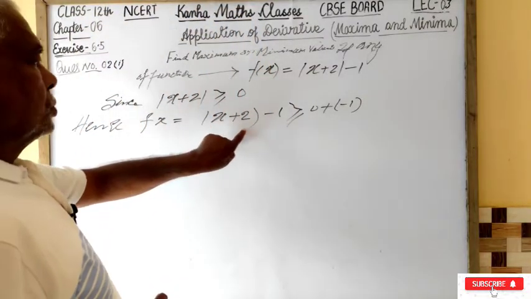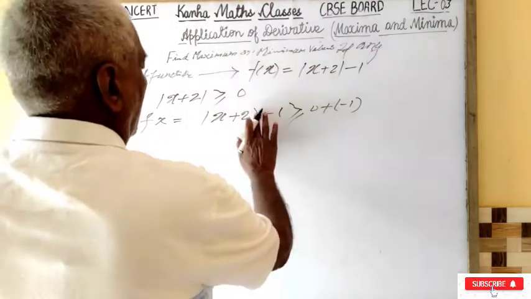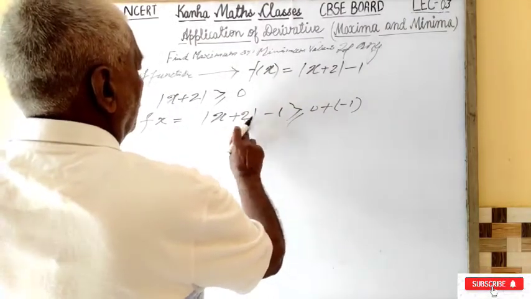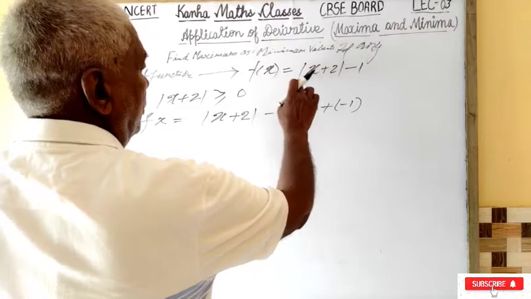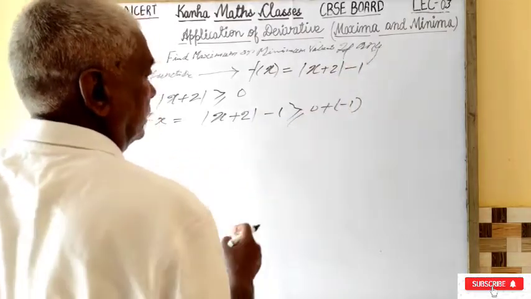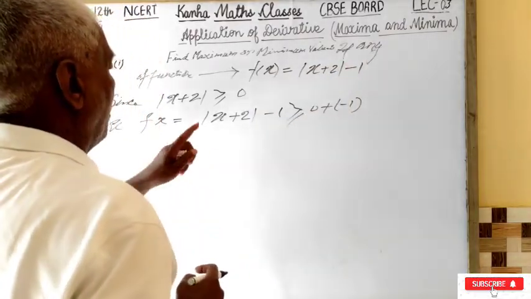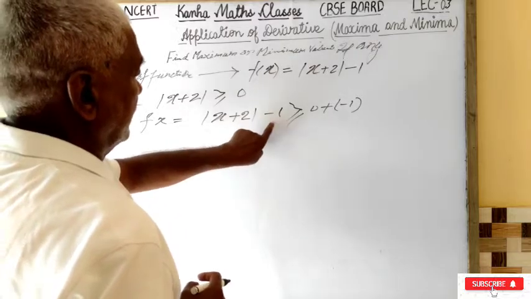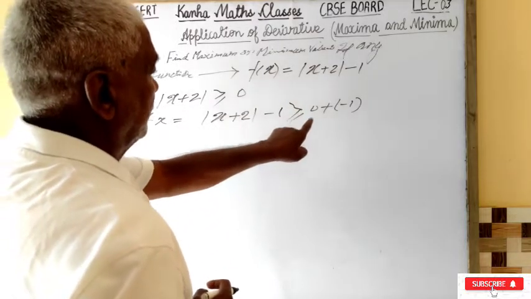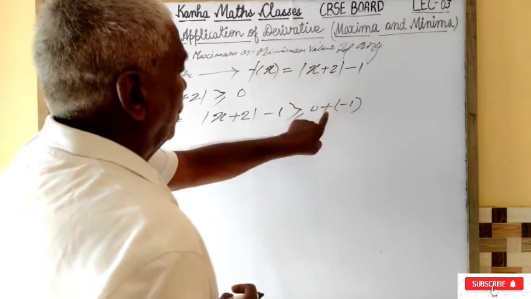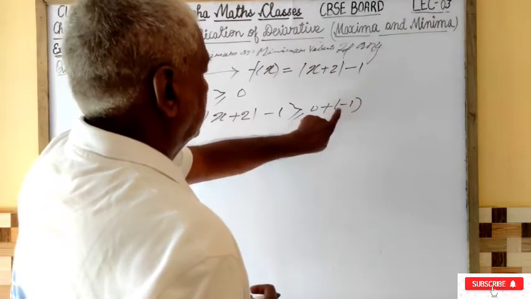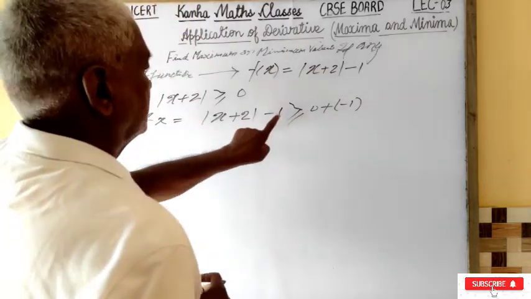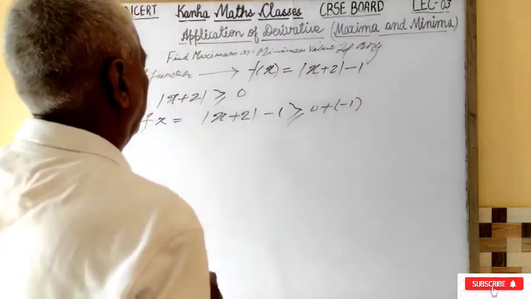That is, |x + 2| - 1, because f(x) is |x + 2| - 1, is greater than or equal to 0 plus minus 1.